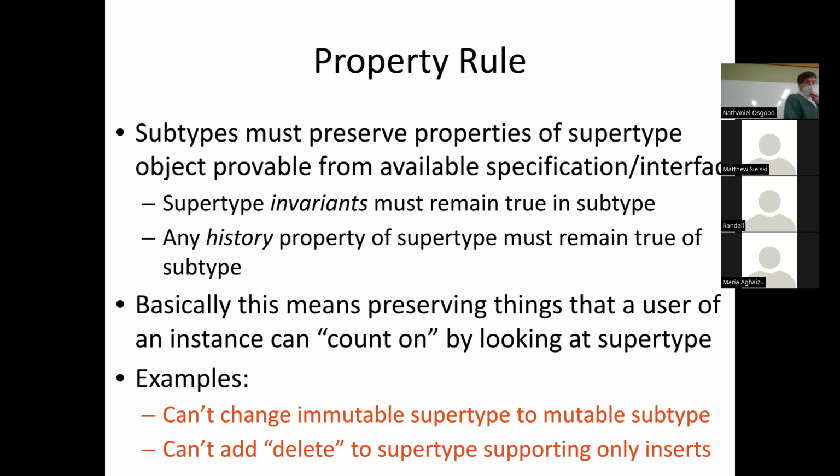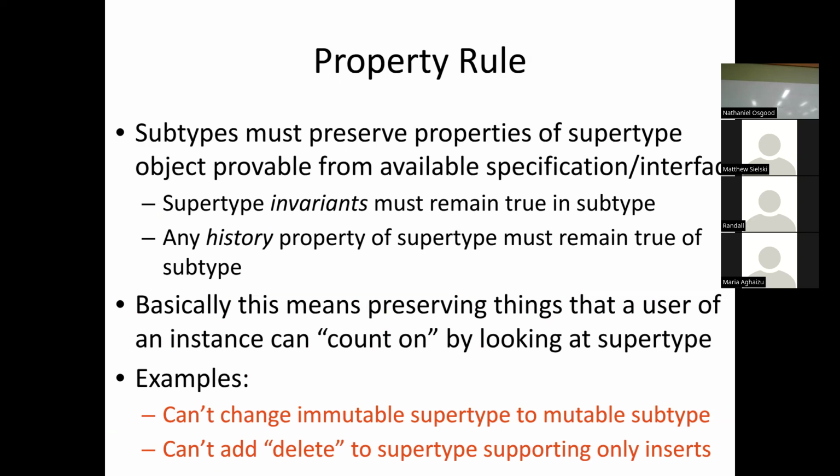Now, we've talked about, for methods, preconditions and postconditions. But there's two other things, and we'll have to finish up talking about these next time, because time is just about out. But in the subtype, the supertype's invariants, things that are always true at any one point, like a field is always greater than 0, the size is never empty, you have to maintain those in the subtype.